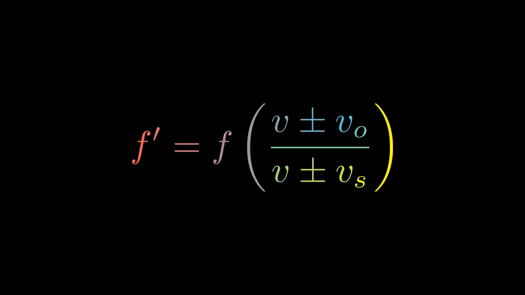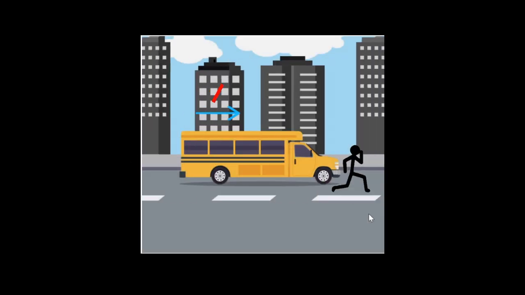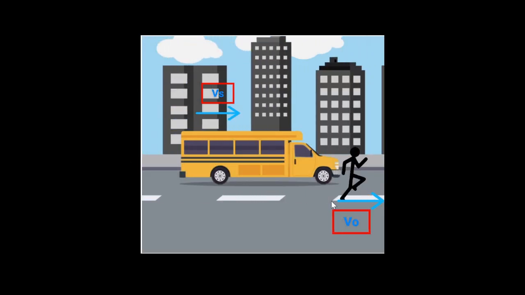Take a look at the formula again. Do we put a plus on the top and a minus on the down, or a plus on the down and a minus on the top, or both pluses or both minuses on top and down? That will be determined by the 2 rules I gave you. Now back to our first scenario.